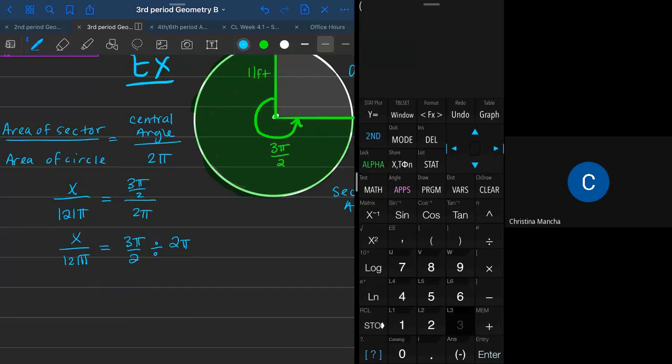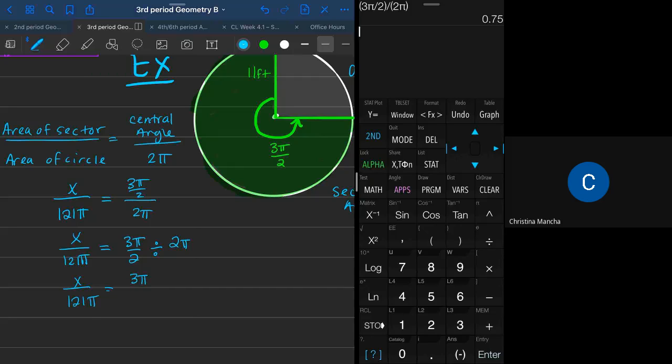So I'm going to take 3 pi divided by 2, close that parentheses, and then divide by 2 pi, and you get 0.75.